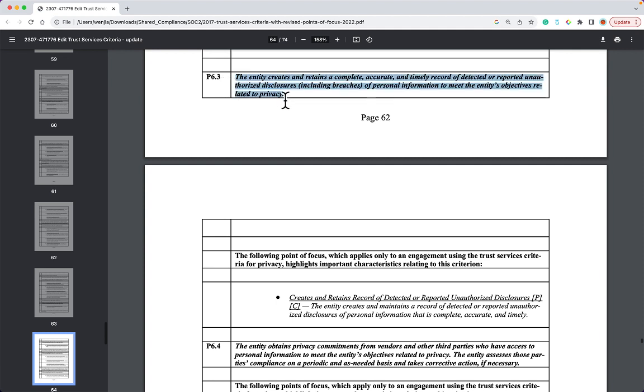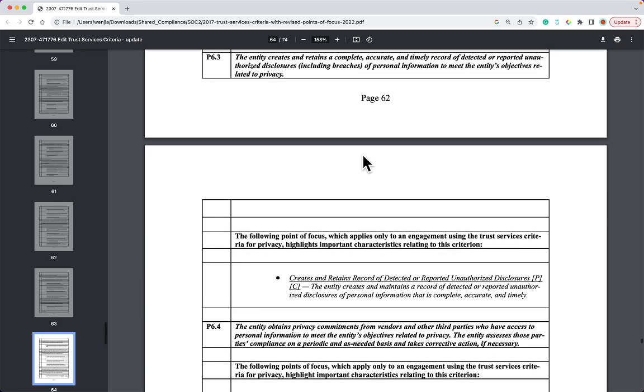6.3, the entity creates and retains complete, accurate, and timely record of detected or reported unauthorized disclosure of personal information to meet the entity's objective related to privacy.